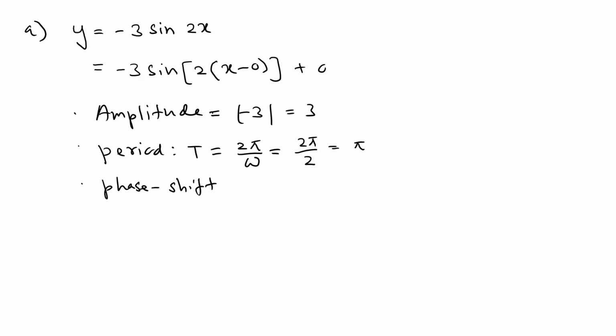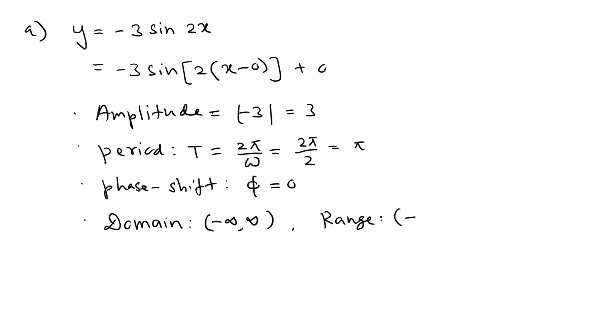The phase shift phi equals 0, and the domain is -infinity to infinity. The range: you can see there's no vertical shift here, so it's just scaling. So it goes between -3 and 3, because you multiply by -3. Okay, so that's for that.